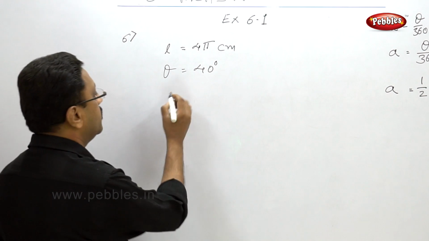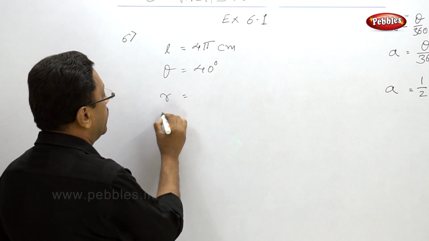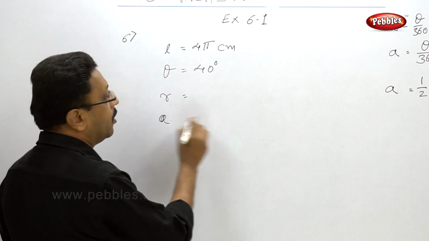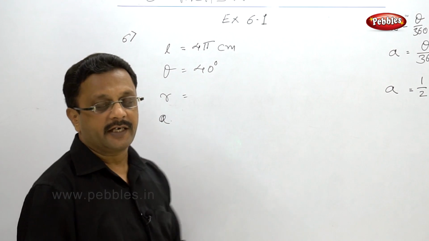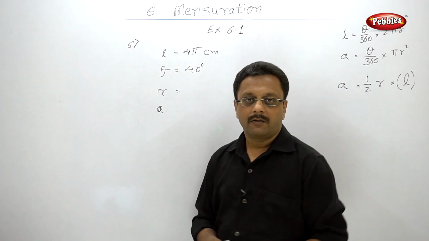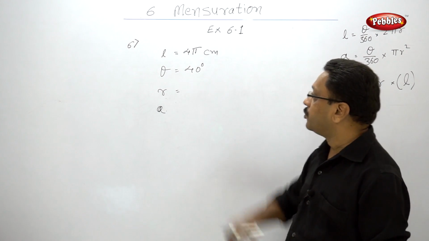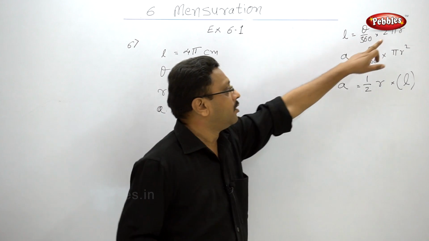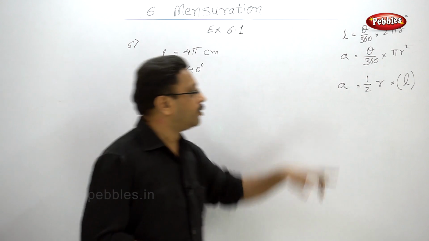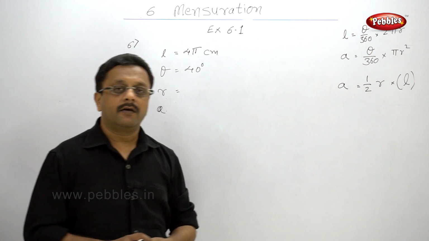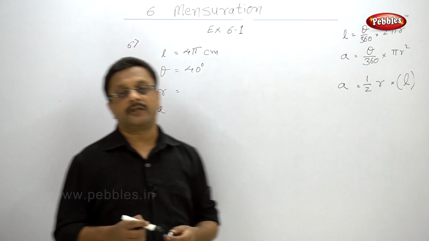You have to find out the radius and area of this particular sector. Extremely simple. There is nothing in this. You have to use first this formula to find out the R, and then you have to use this formula to find the area of that particular sector.